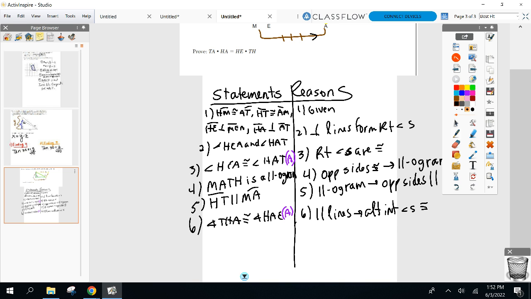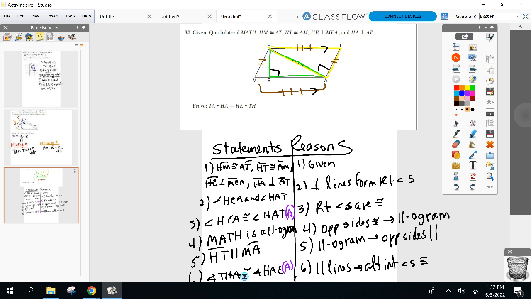And now you could say the triangles are similar, right? Triangle HAT. Make sure you write similar. God, how bad would that be? You wrote congruent, and there's your 99. Oof, brutal. HAT similar to AEH.